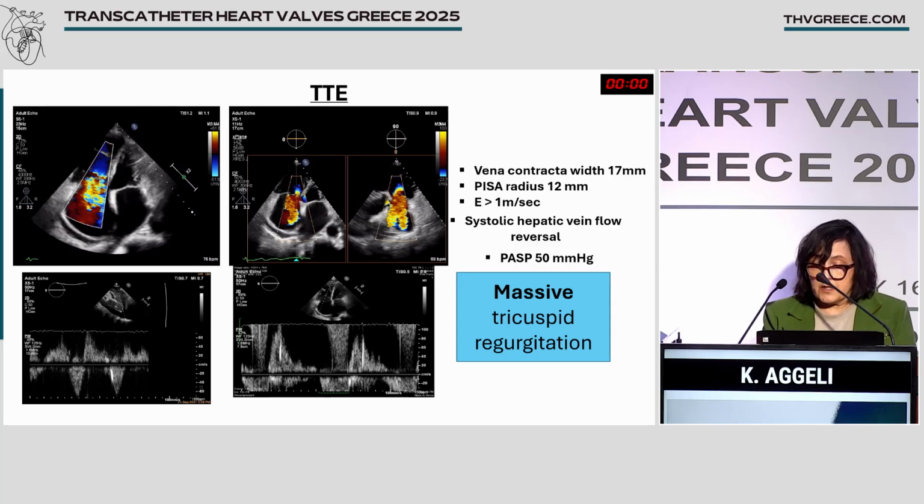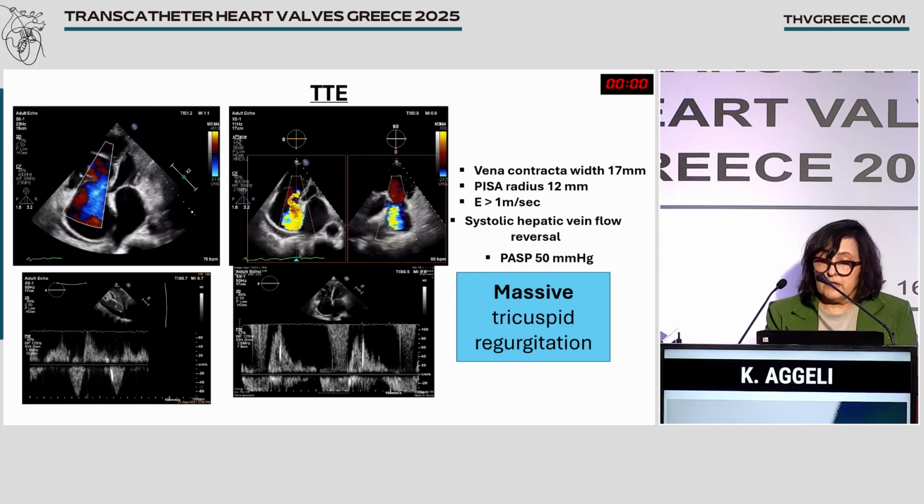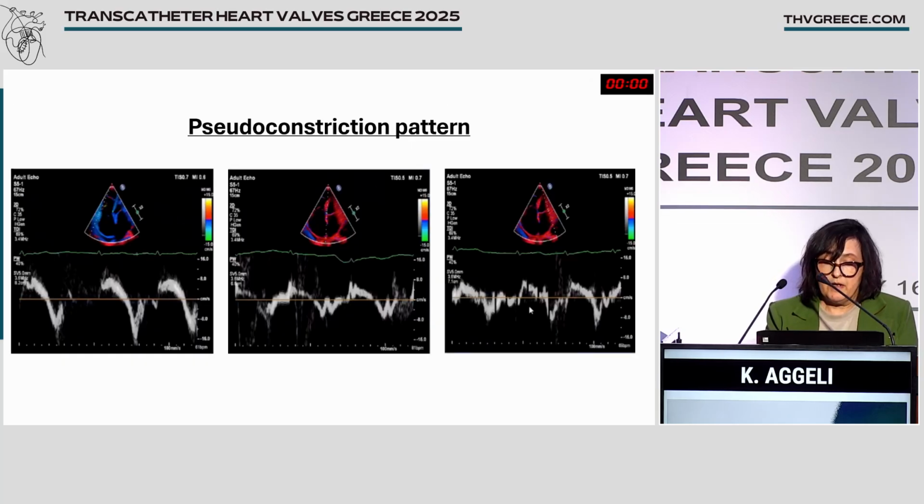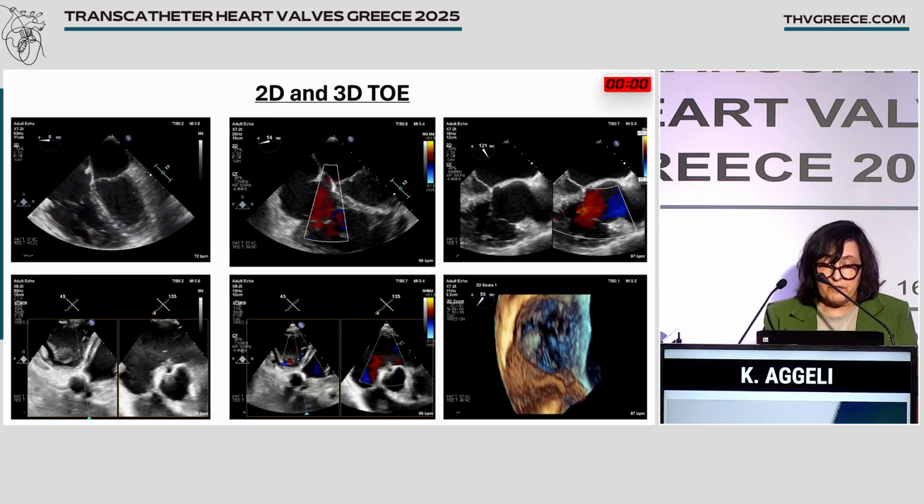We categorized it as massive tricuspid regurgitation with vena contracta of 17, Pisa radius 12, systolic hepatic vein reversal, PASP 15. The patient presented a pseudoconstriction pattern due to loss of pericardial reserve.